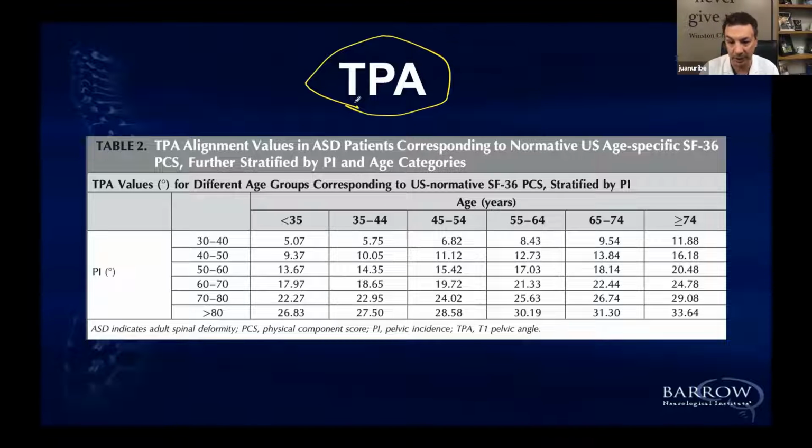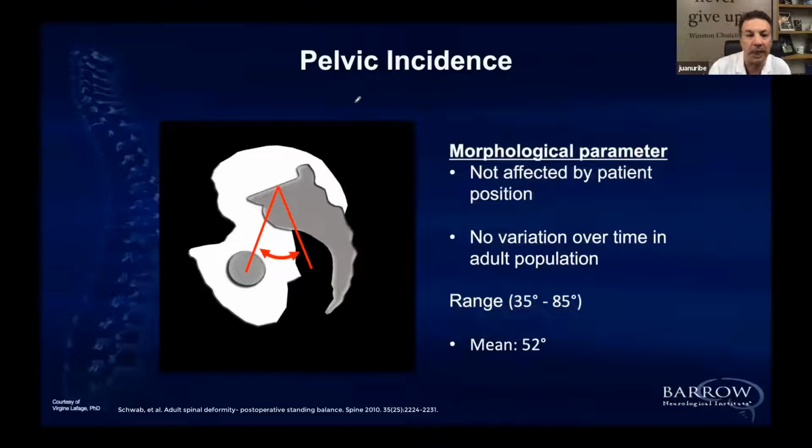You have to understand that you also have to use common sense. You have a 70, 80-year-old patient. You don't want to provide lordosis like a 50-year-old patient. So that's very dependent also on the age, and that's something you have to keep in mind. So this is just a little bit to remind you of the basic concepts on the spinopelvic parameters.